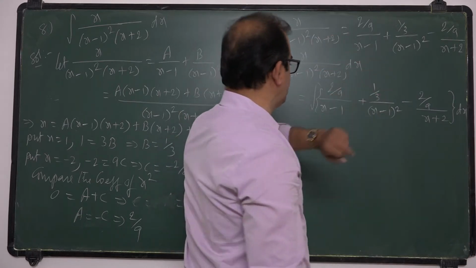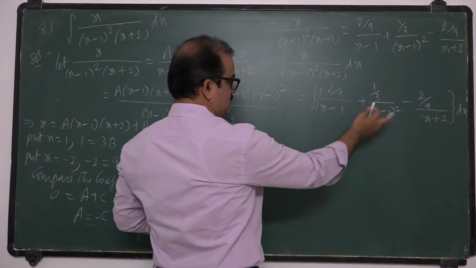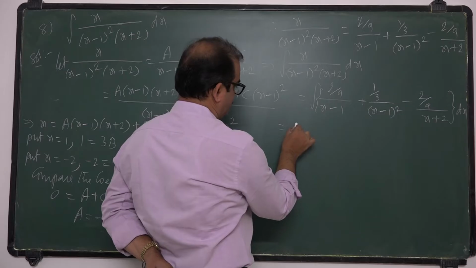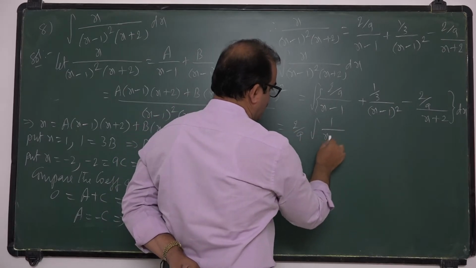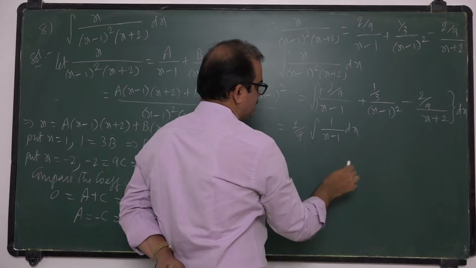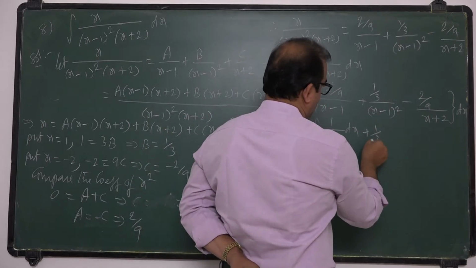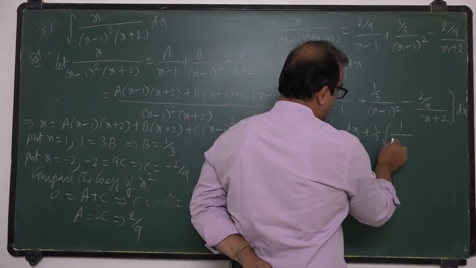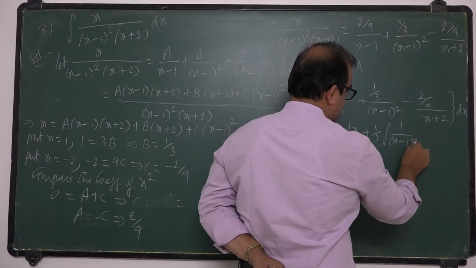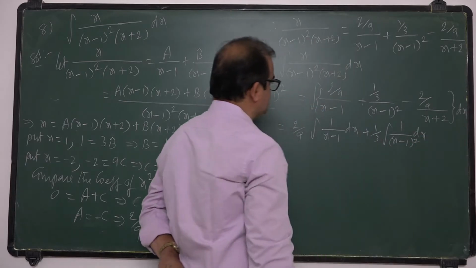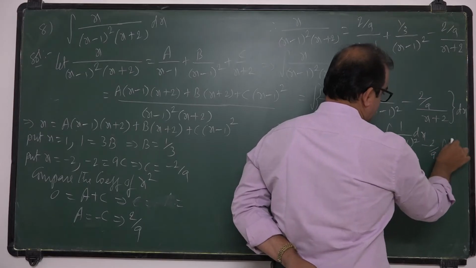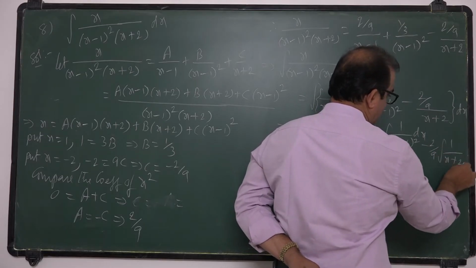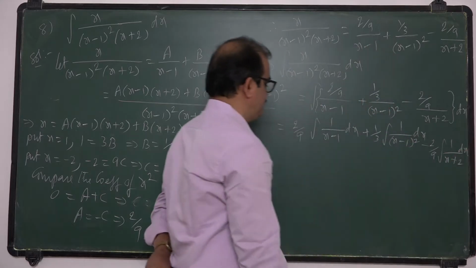Taking integration on both sides, here you separate the integration: 2 by 9 into integral 1 by (x minus 1) dx, plus 1 by 3 into integral 1 by (x minus 1) whole square into dx, minus 2 by 9 constant, integral 1 by (x plus 2) dx.